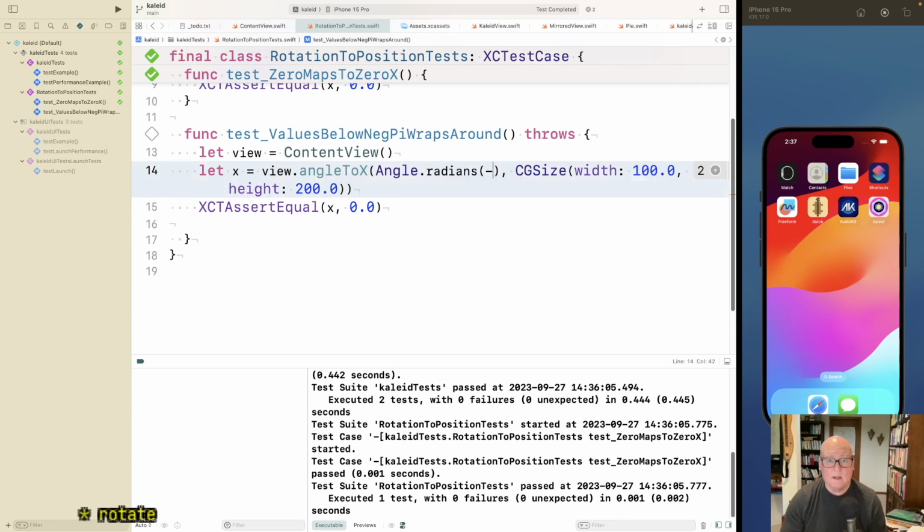Now let's take minus pi minus 1. Okay. Now I'm not sure what that should wrap around to.